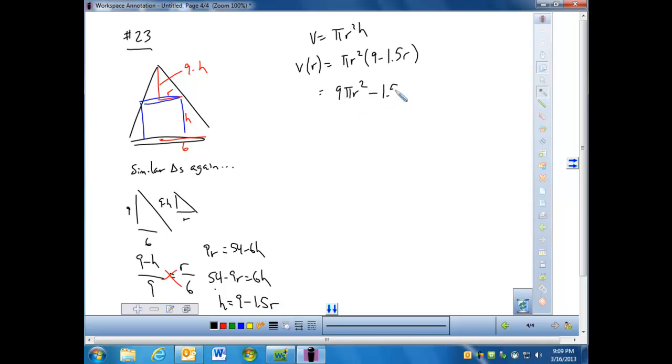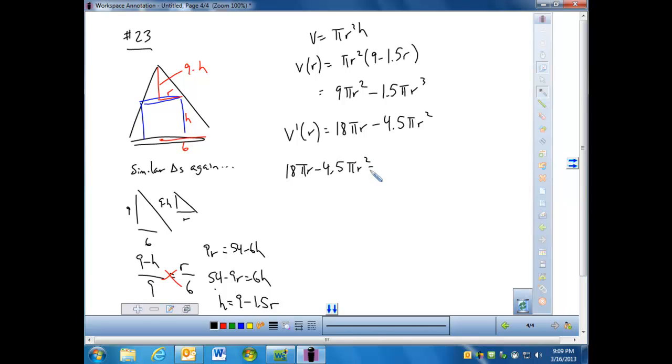Here's a good time to take the first derivative right now. Try to find my critical values for this problem. My first derivative is 18 pi r minus 4.5 pi r squared. I'm going to set this equal to 0. Here's a problem where I'm able to factor some things out. I'm going to factor out a negative 4.5 pi r.